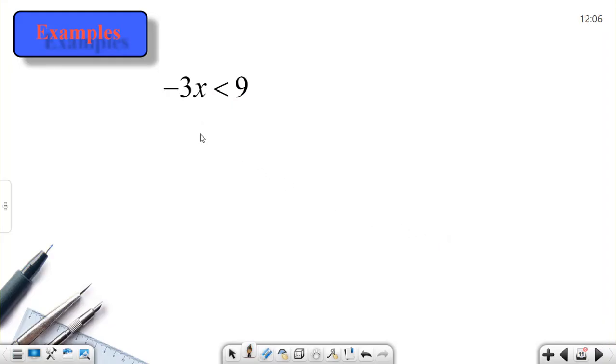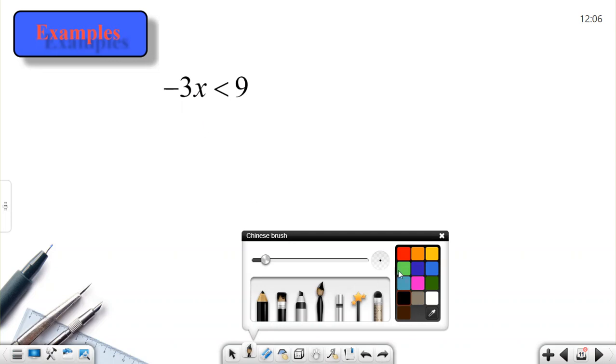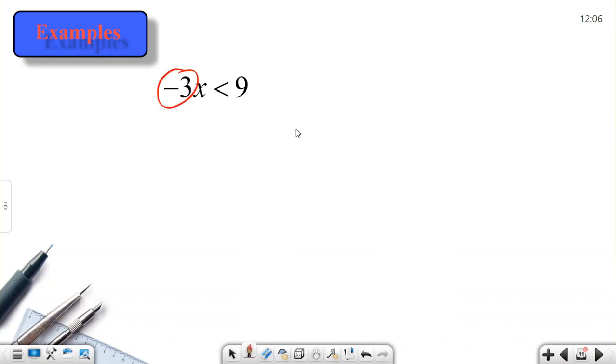Okay, minus 3x is less than 9. As you see, there is a coefficient, only one term, and no constant number. We need to divide by this coefficient. So we have to divide both sides by a negative number. Be careful here. Let's divide by minus 3 and minus 3. Minus 3 divided by minus 3 is 1, and 1 times x is x.